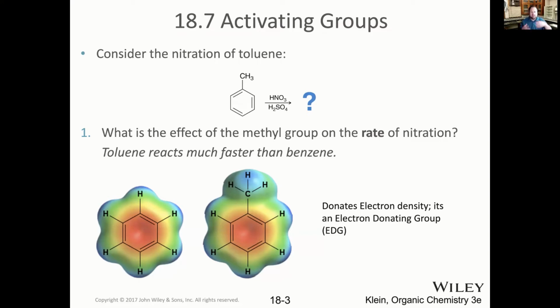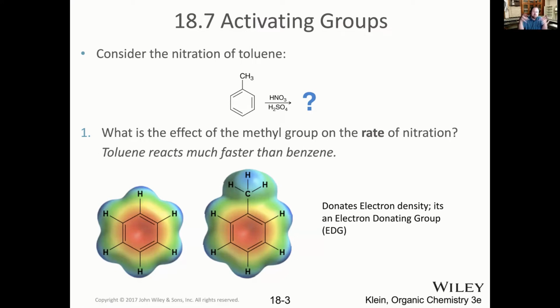We identify things as electron donating groups in that case as well, alkyl groups being one of those. It's also the reason why alkyl chains connected to carbon stabilize carbocations, because they donate electron density into that positive charge.